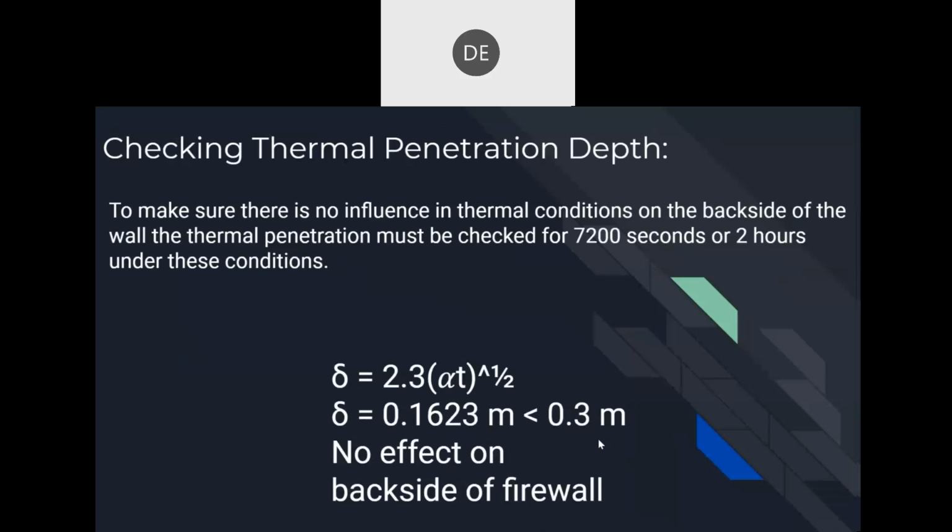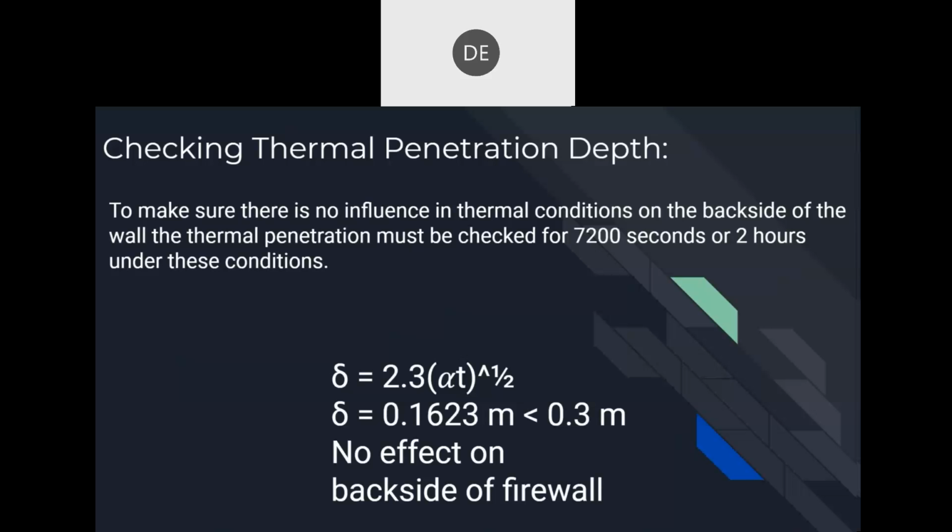Checking for the thermal penetration depth. To make sure that our wall was suitable and we had a high enough thickness, we used the thermal penetration equation from lecture 19. This equation is 2.3 times the square root of alpha times time.